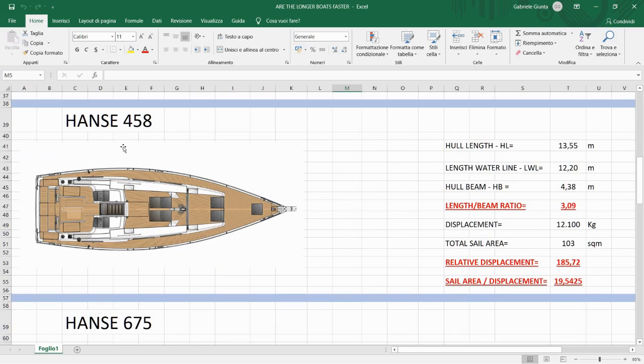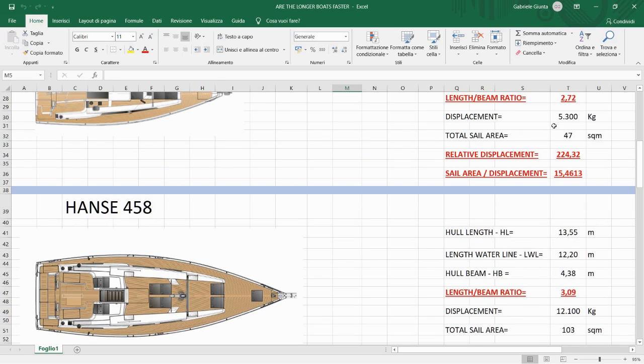Let's go on. For the Answer 458, we have a hull length 13.5, length water line 12.2, hull beam 4.38, length beam ratio 3.09, a little bit better.